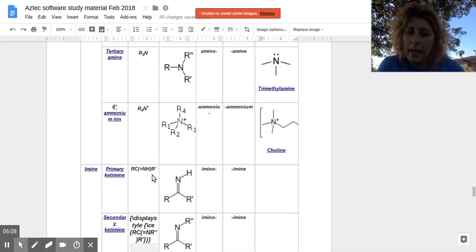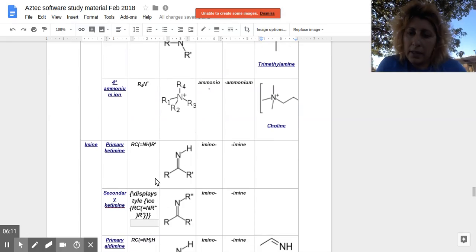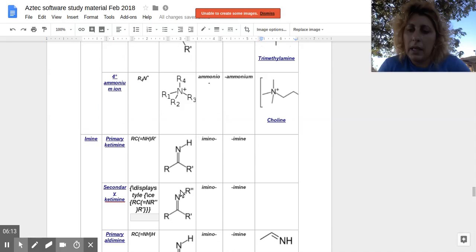So imine. If you have a secondary ketimine, you have the same thing, but you have an extra R group. So a central carbon, double bound nitrogen, instead of a hydrogen, an extra R group, and then two R groups coming off the carbons.